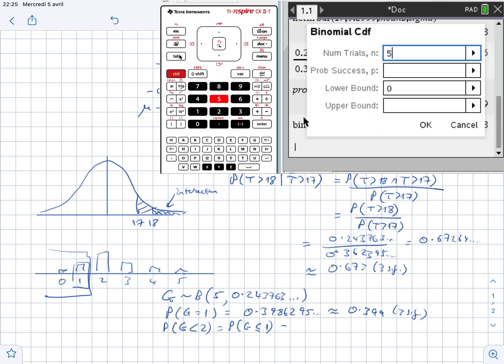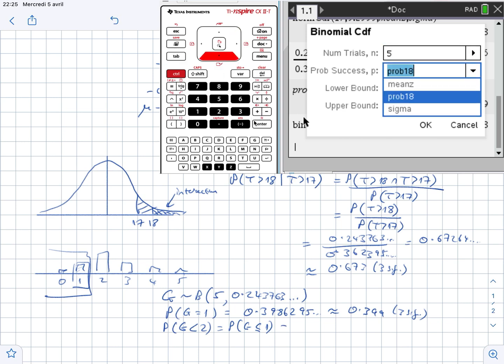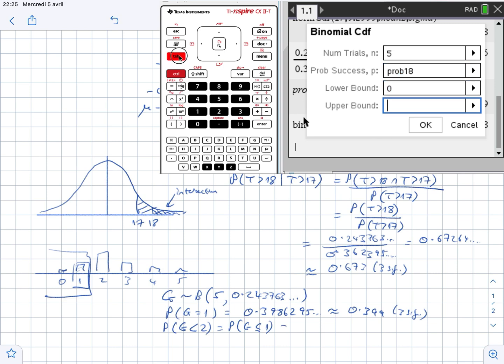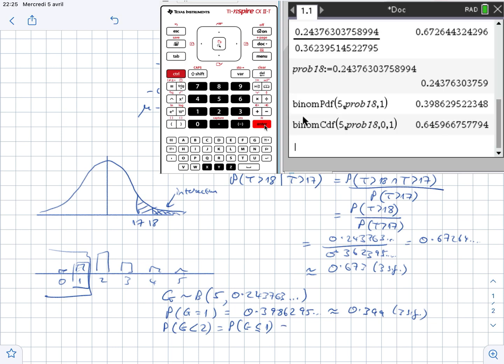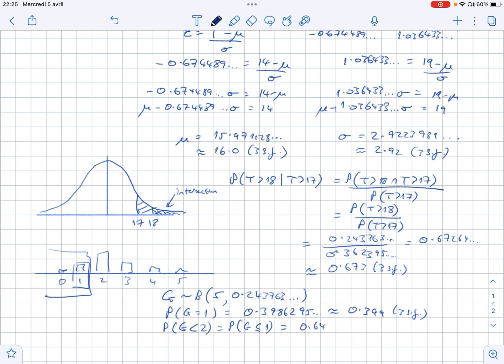Probability of success is the same as we had before, which is our probability of 18. Lower bound is 0, upper bound is 1. And there's a probability for that one. 0.645966. This is CDF. We now need to do this, which is approximately equal to 0.646 to 3 significant figures.